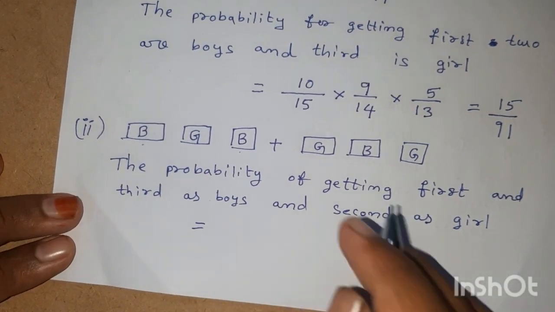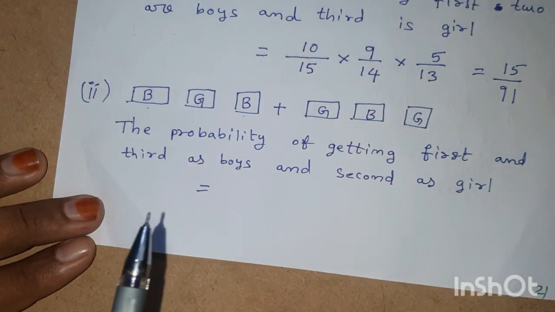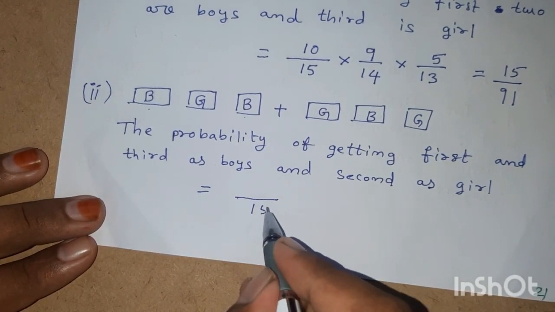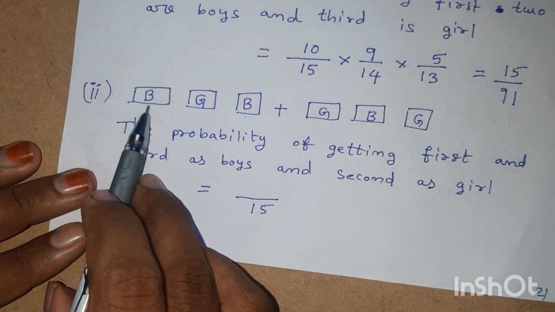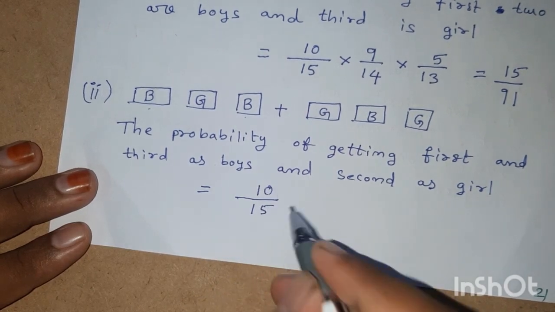is equal to, there are totally 15 students. Among 15 students we must select the first as a boy. There are 10 boys, therefore 10 possible ways are there to select one single boy.